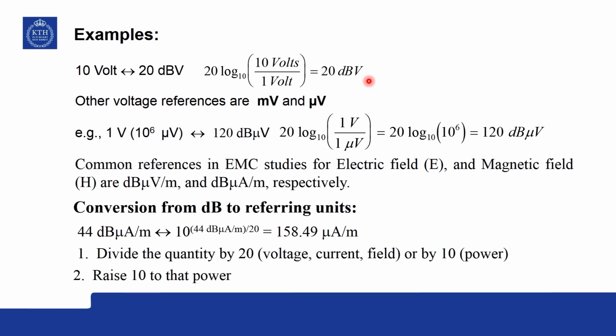Say you can express instead of volt in terms of millivolt or microvolt. So, if you take 1 volt, which is equivalent to 10 to the power of 6 microvolt, that will be 120 dB microvolt. Say 20 log of 1 volt divided by 1 microvolt equals 20 log 10 to the power of 6, which is equal to 120 dB microvolt.